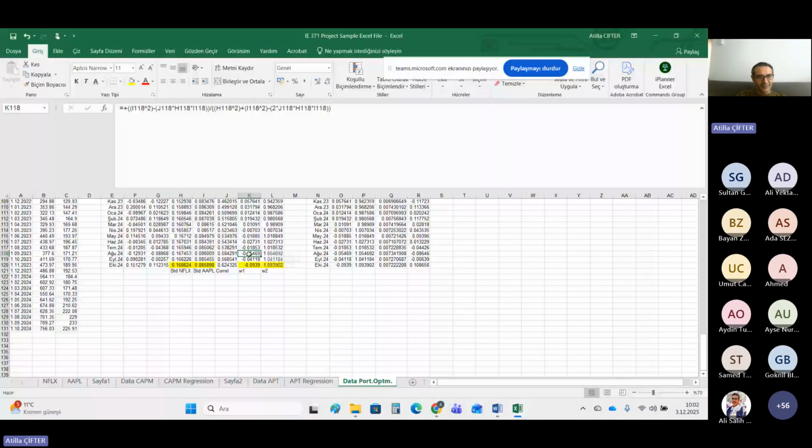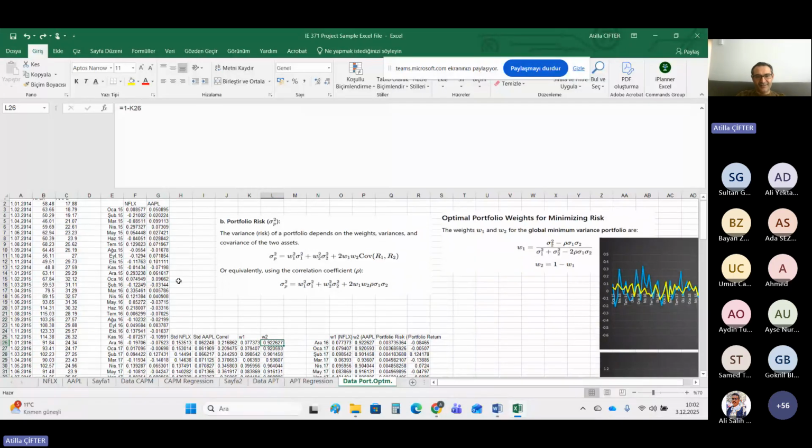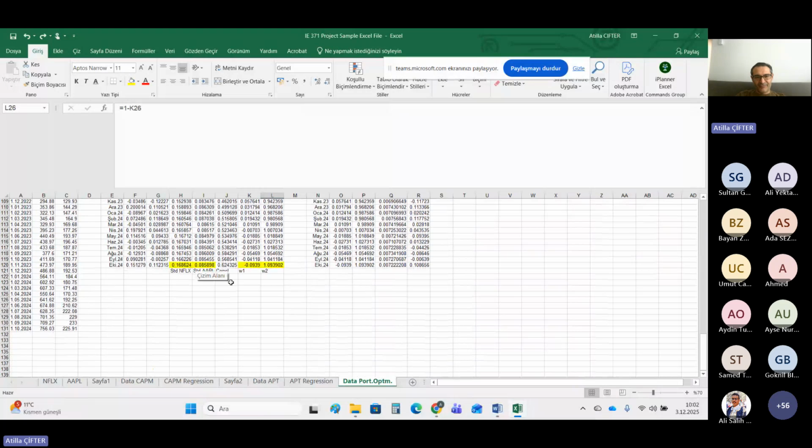This is a sample. These are my two stocks, okay? When I put in my stocks, it calculates the returns, excess returns, standard deviations, correlation, and weights. Everything is calculated inside the Excel, and then you will take the last observation for standard deviations, correlation, and portfolio weights.